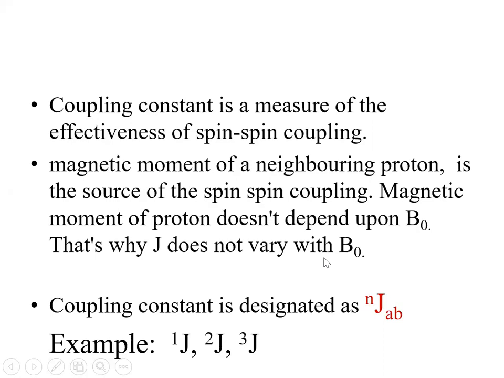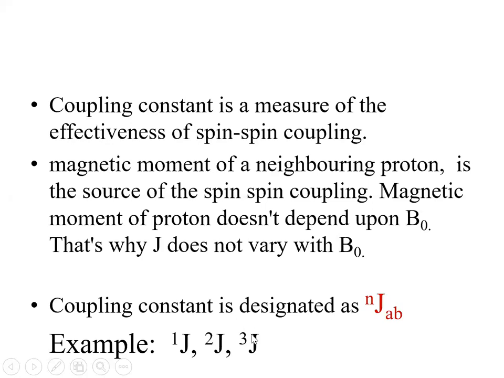In the earlier slide, we discussed that the J value remains constant when changing the strength of the external magnetic field. This point clears that up.